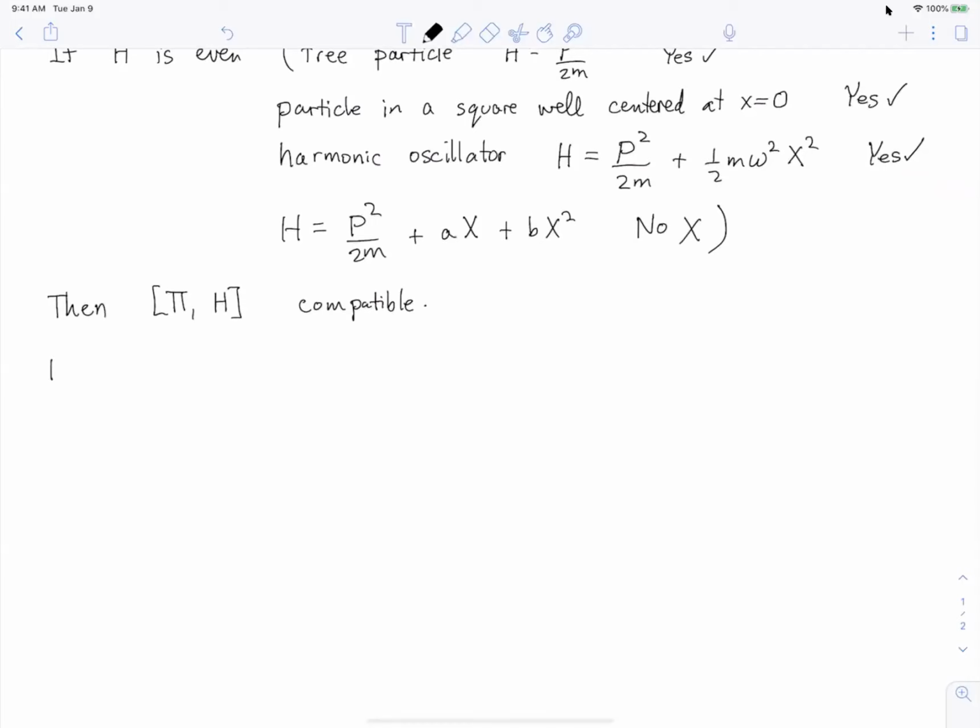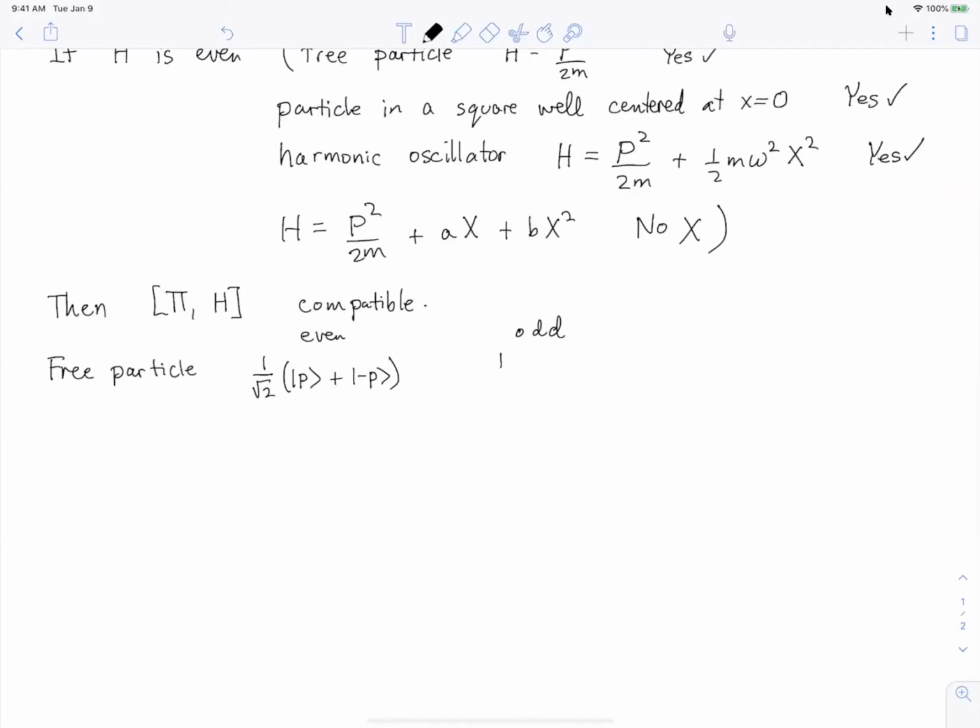So for example, in the free particle, we've already talked about what the common eigenstates are. So let me divide this into even here and odd. This will be 2 columns. For the free particle, you can write the even states as 1 over the square root of 2 times a momentum eigenstate p plus the opposite momentum eigenstate.